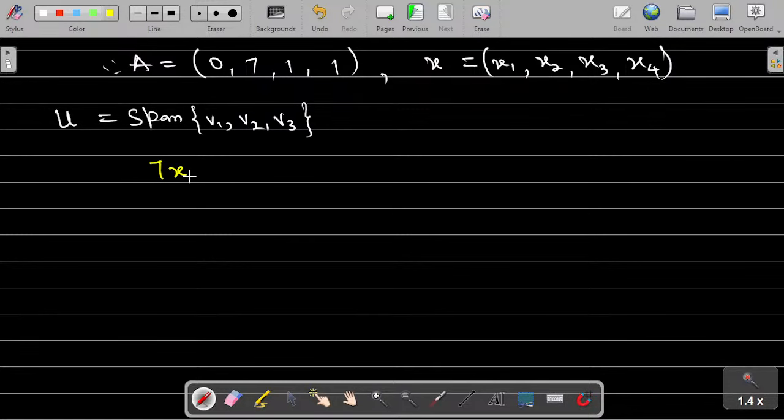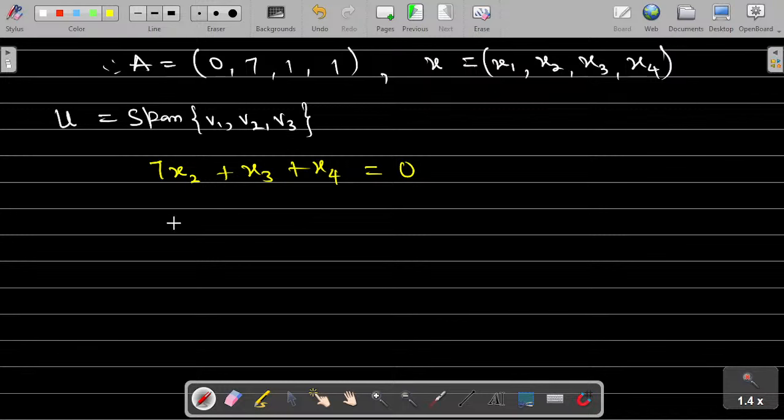So I had 0x1 plus 7x2 plus x3 plus x4 equal to 0. So all we need to do is to make x2 the subject here, since it is the one carrying the leading coefficient.